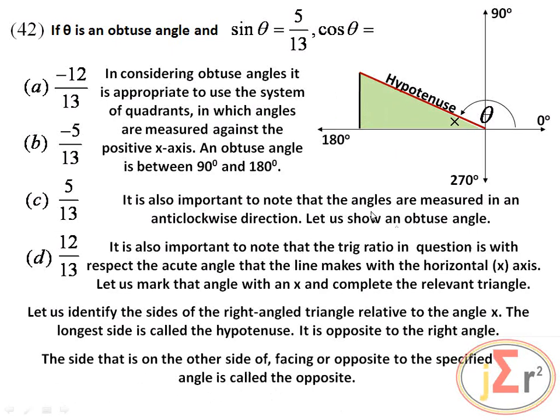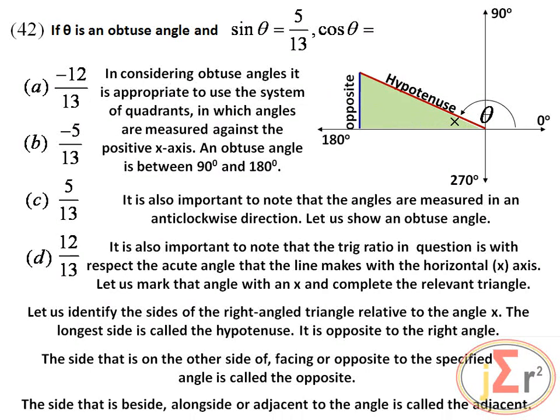The side that is on the other side of, facing, or opposite to the specified angle is called the opposite, which is, this is the specified angle. So that is our opposite. The side that is beside, alongside, or adjacent to the angle is called the adjacent. And there we have it.